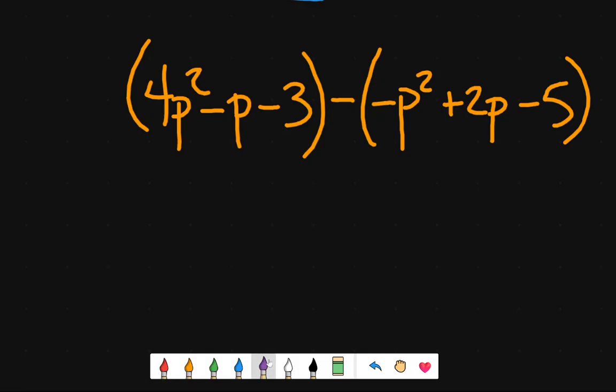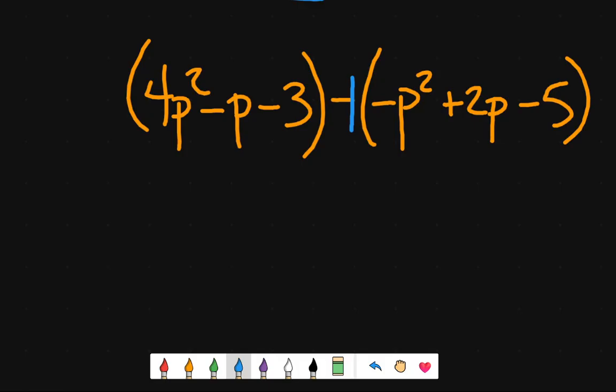So once again, just like in the first example, all of the terms inside the second parentheses have to be multiplied times a negative 1 first. So we're going to multiply each term times a negative 1, and then we'll go through the process of lining up the terms vertically.